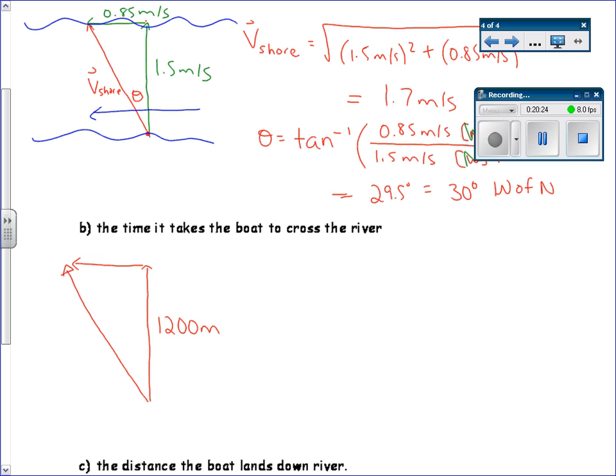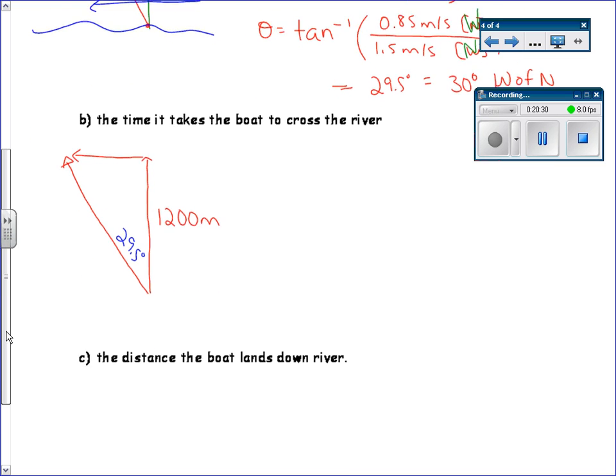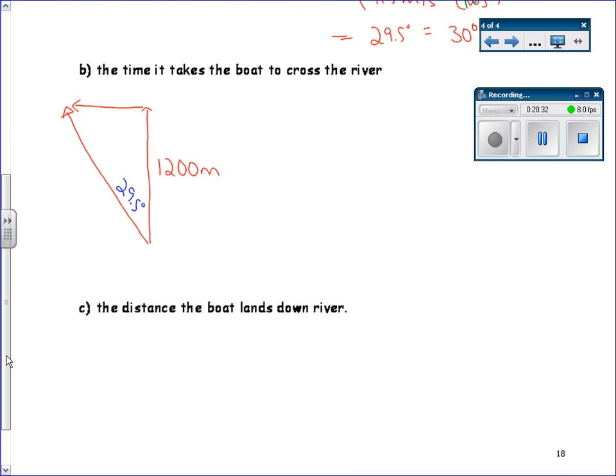The angle that we found here is 29.5 degrees, and that's why I didn't want to round that. And we actually need this triangle to also find the distance the boat lands down the river, because that's what we want. The horizontal component is the distance down the river.